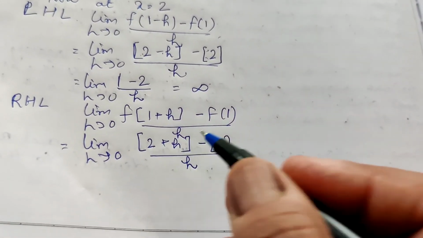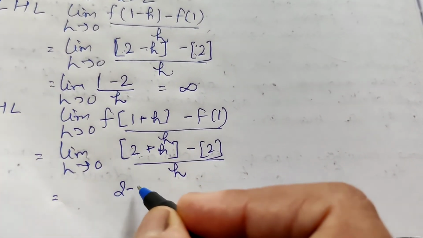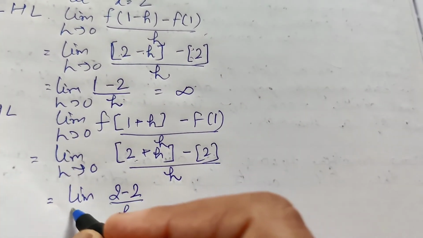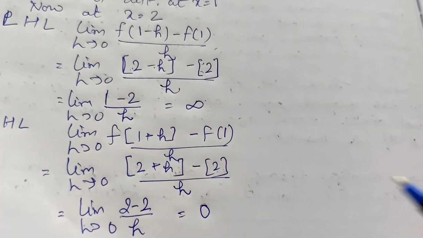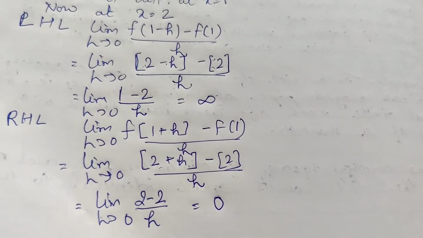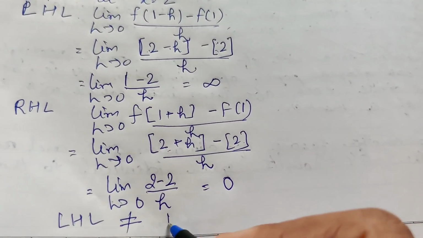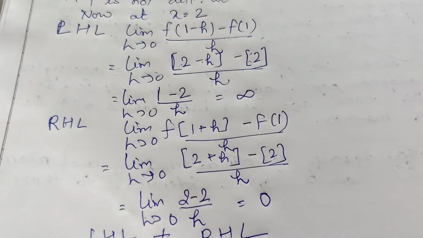The greatest integer of 2 plus h is 2, it means 2 minus 2, 0, as h tends to 0. The left hand limit is not equal to right hand limit. Therefore, the function is not differentiable at x equal to 2.